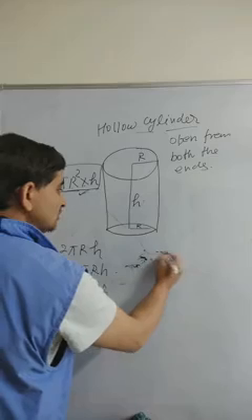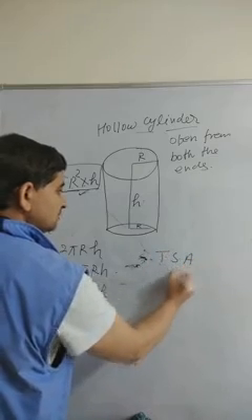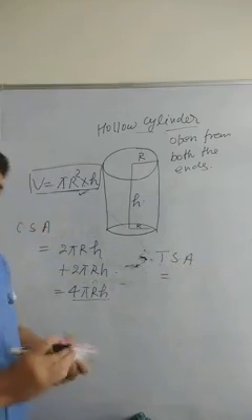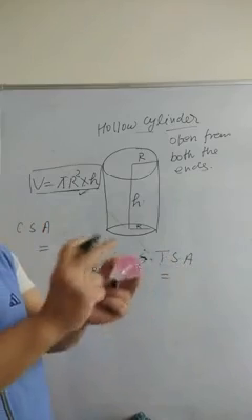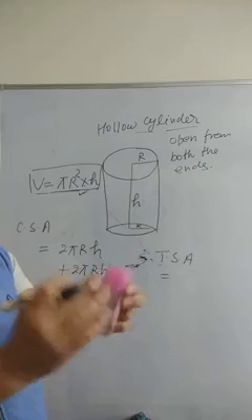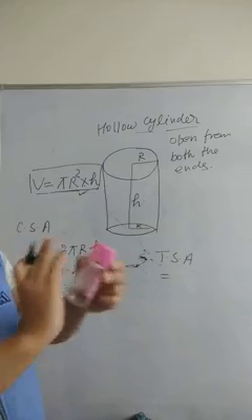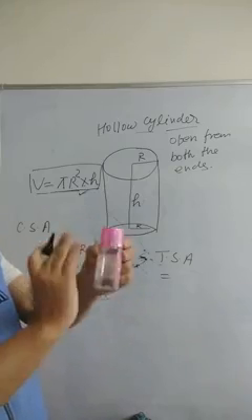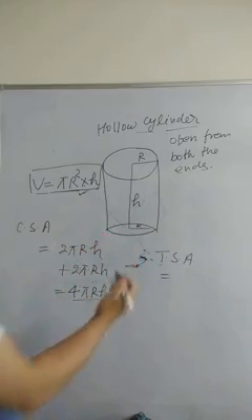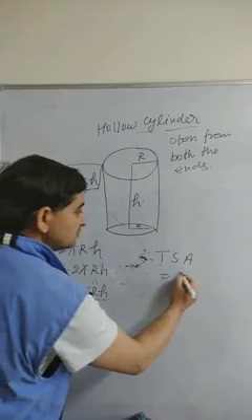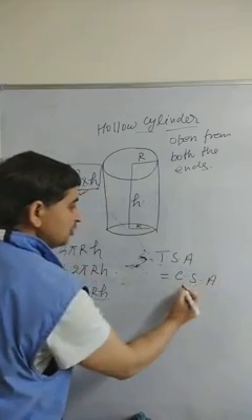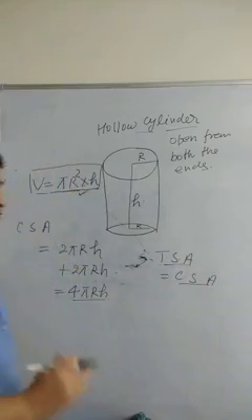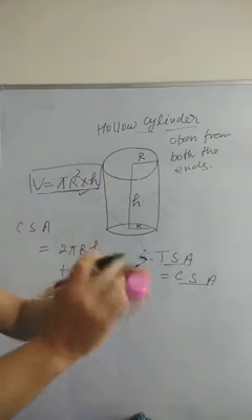Now if I ask you what is the total surface area for it, is there anything left? See, this is hollow, there is no base and no top. So its total surface area will be equal to its curved surface area, because there is no other part left to be painted. You cannot paint because it's hollow.